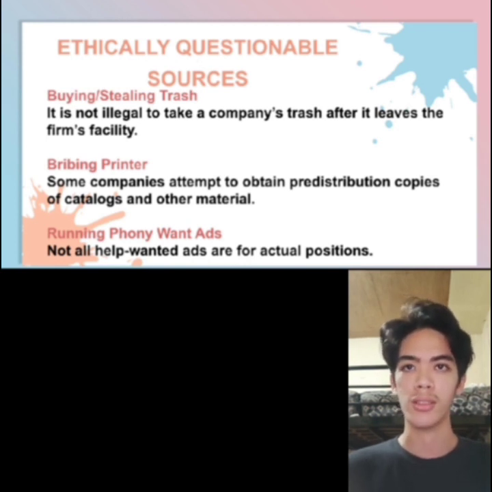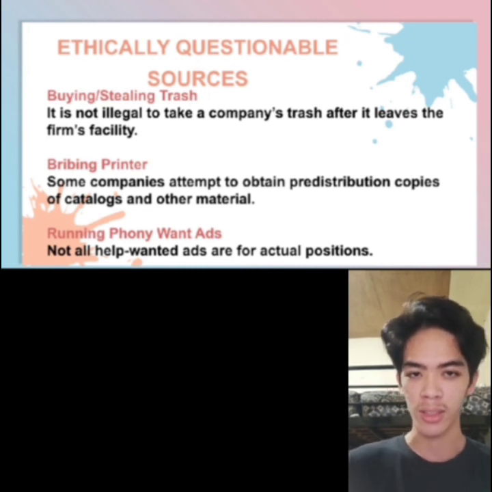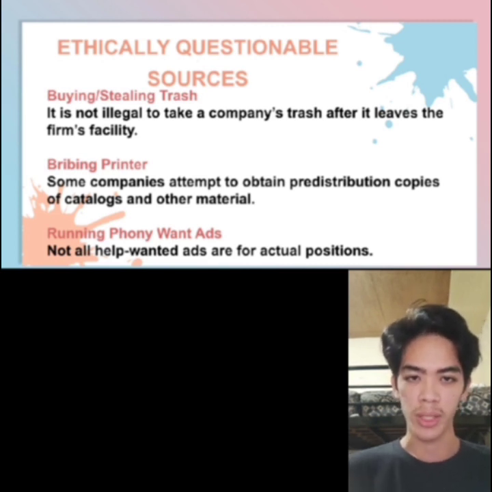So next is running phony want ads. Not all help wanted ads are for actual positions. So dito naman, parang pumapasok yung fake ads and using these ads in attempt to get disgruntled employees from competitors to apply. Applicants can be probed for information.